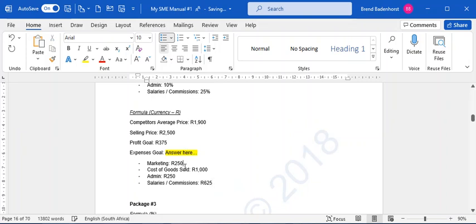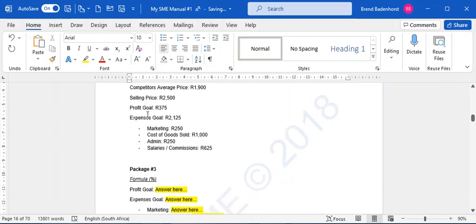And now I'm just going to add everything together. That's 500 Rand, 1,500, 2,125 Rand. Plus this 375, this should give me 2,500 on the dot, and that is my formula now calculated on the manual.